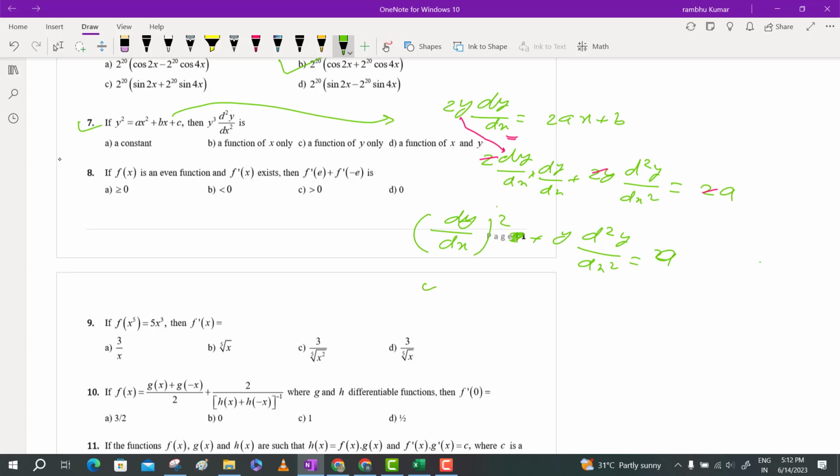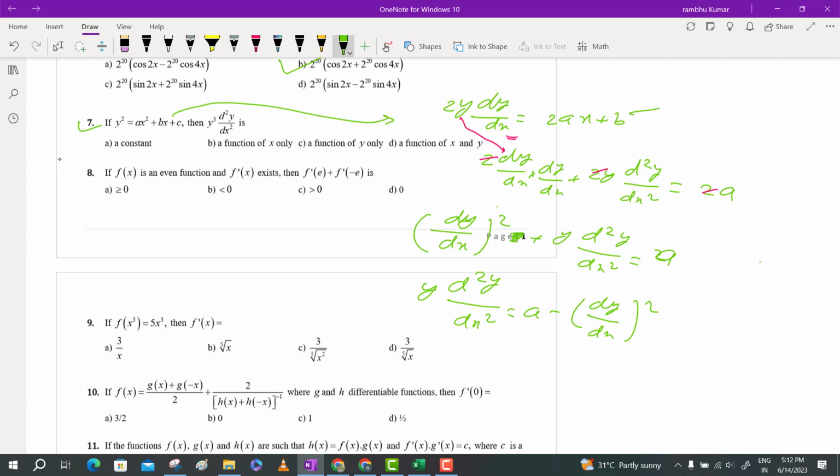Now we can write y d square y by dx square equal to a minus dy by dx whole square. Now this dy by dx we can derive from this one.